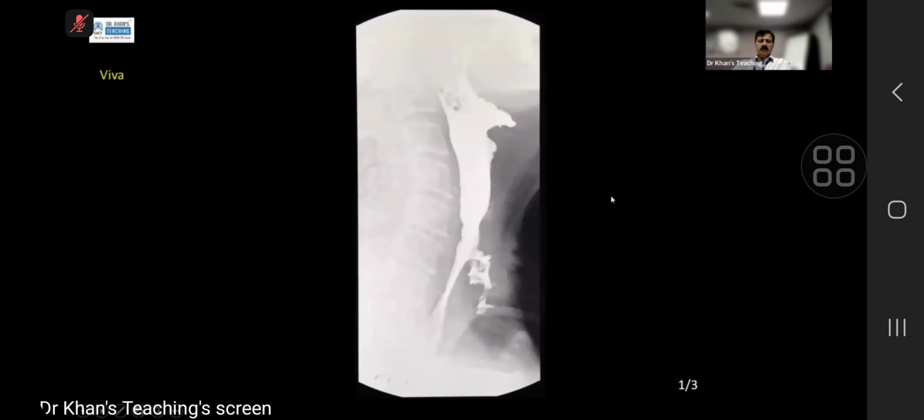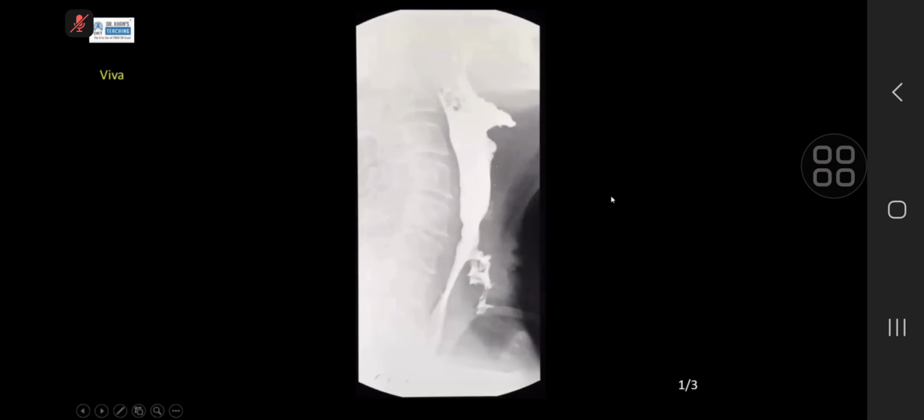Over to you. Okay, this is a lateral image of a barium study. So this was a gastrografin. I can see that there is some contrast going into the larynx at the level of C6.